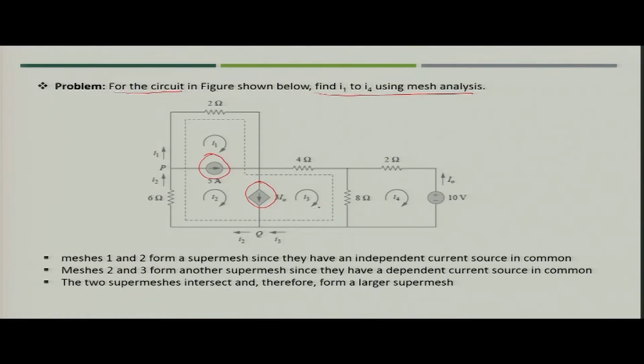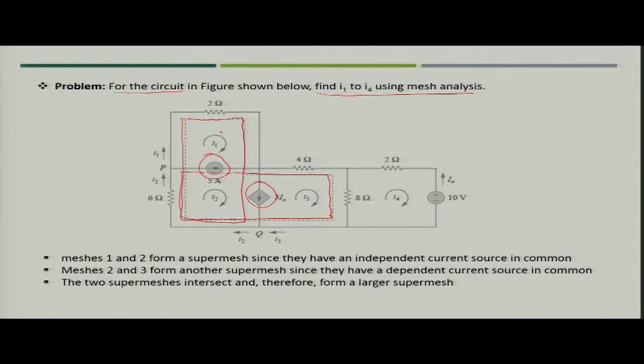Now, what you will observe is that there are 2 current sources. What we discussed previously: if you apply that technique to find the super mesh, you will first remove this particular link. You will get one super mesh like this. Now, we know that there is another current source. If you remove this current source, you will get one super mesh as this one.